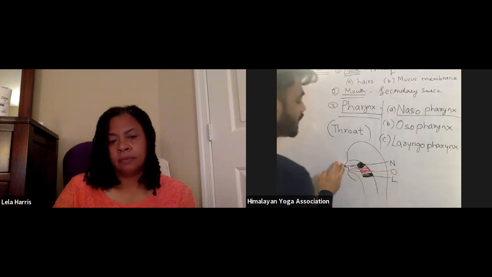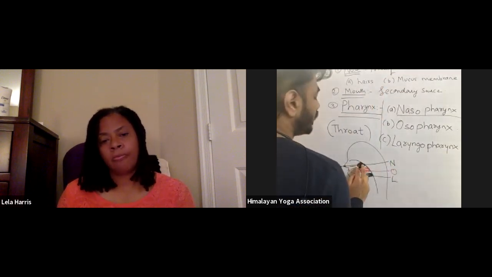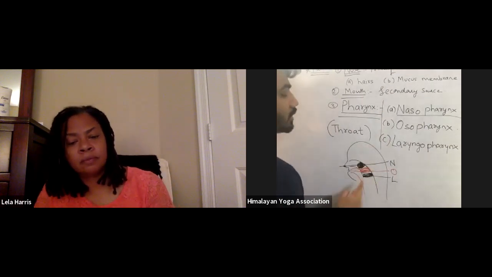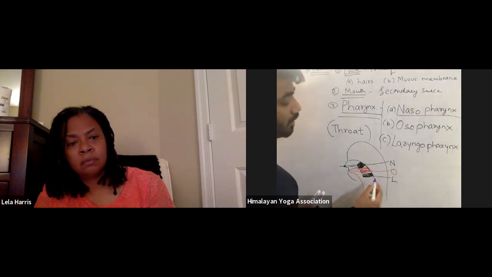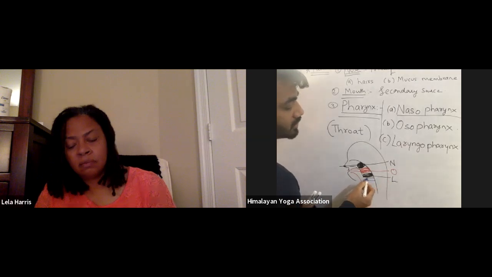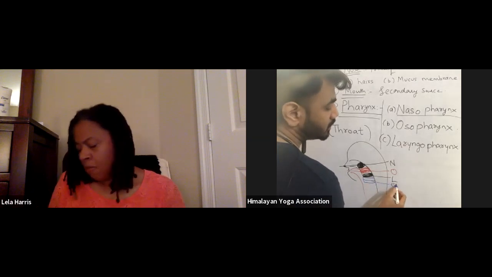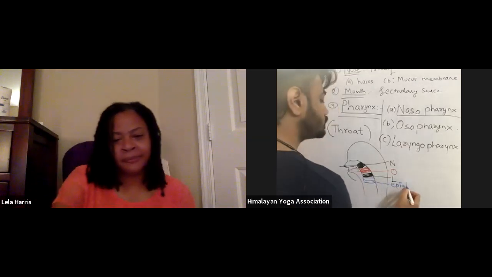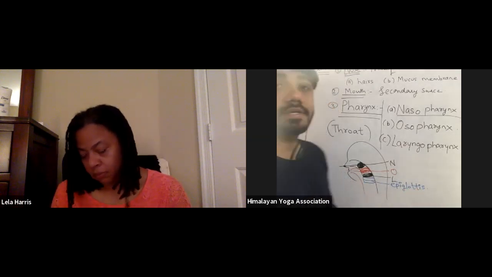So the air will pass from the nose and the mouth. It will first go through the throat region. Then, if you check the diagram again, after the throat region, you will see this blue line that indicates the epiglottis. And what is this epiglottis?